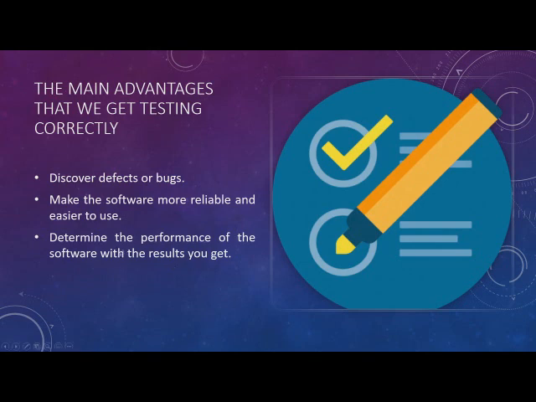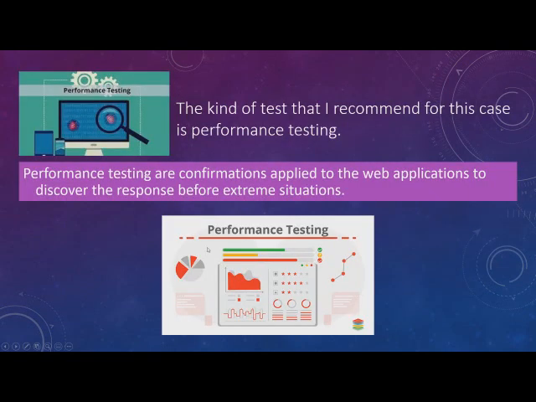Now, the kind of test that I recommend for this case is performance testing. Basically, performance tests are confirmations applied to web applications to discover the response before extreme situations.